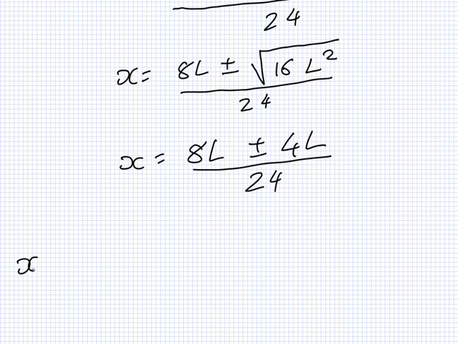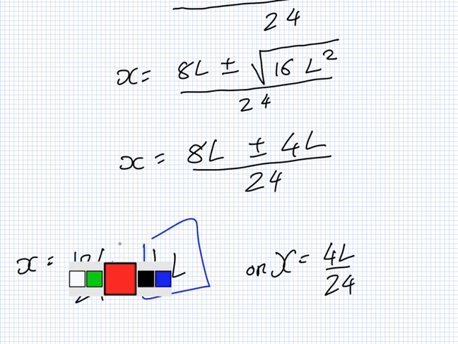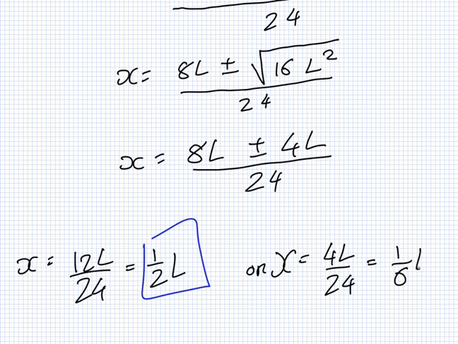X equals 12L over 24 or X equals 4L over 24. So this is a half L, my first answer. And then my second answer will be 4 over 24, 2 over 12, 1 over 6L.